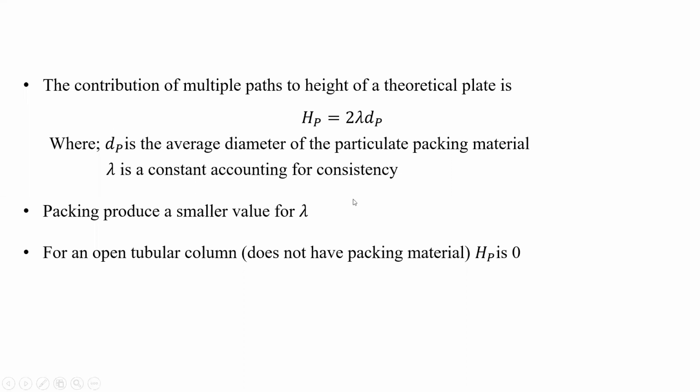Here dp is constant, hence Hp depends upon lambda. If the value of lambda is smaller, then Hp also becomes smaller. For an open tubular column, that means where there is no packing material, Hp is 0.